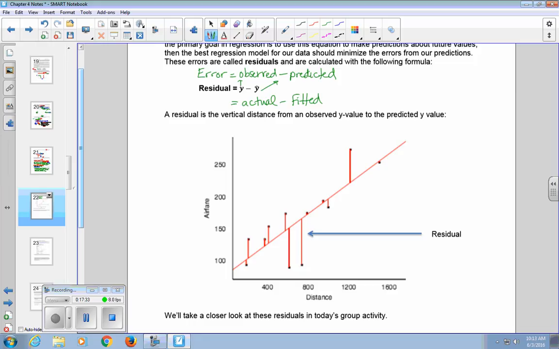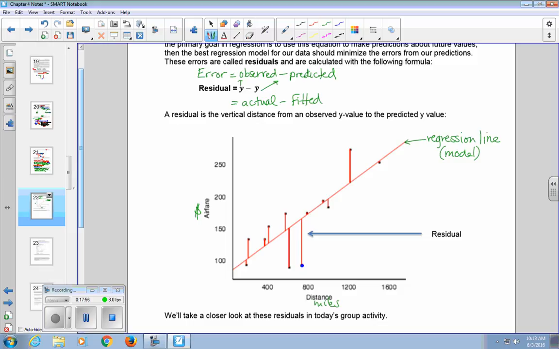So we're back to our airfare model, or our model for airfare and distance. So again, dollars and miles here. Here's that regression line, or a regression model. And it's a model for our data. And if we take a closer look, we're going to start with this point down here.